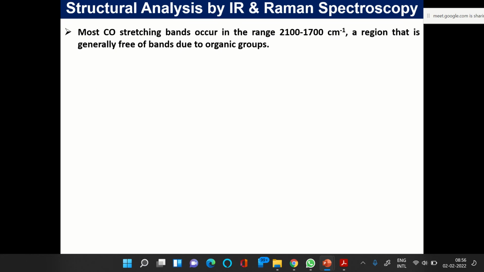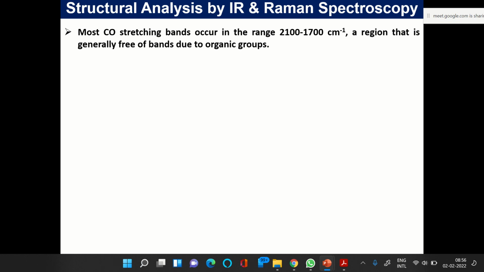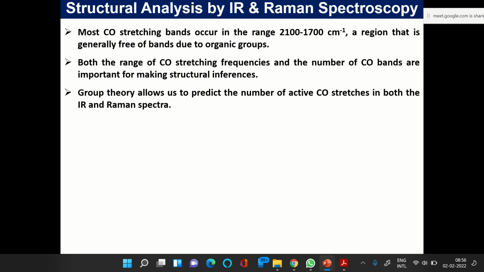We have already seen the CO stretching frequency lying in the region 1700 to 2100. So if you know the range of CO stretching frequencies and the number of CO bonds, you can predict the structure.